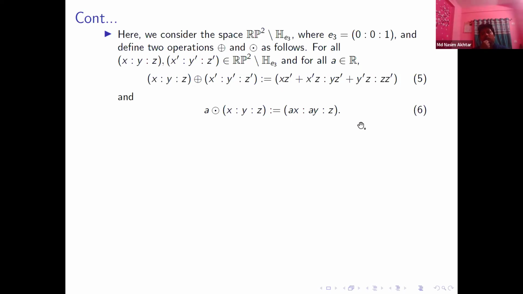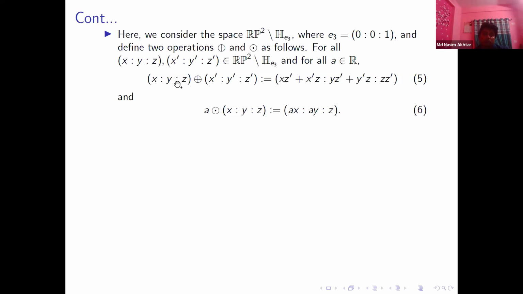So one may think, like in Euclidean geometry for the z equals one plane, how the addition of two points and scalar multiplication works. From that, one can think about this addition and scalar multiplication on RP2 minus HE3.